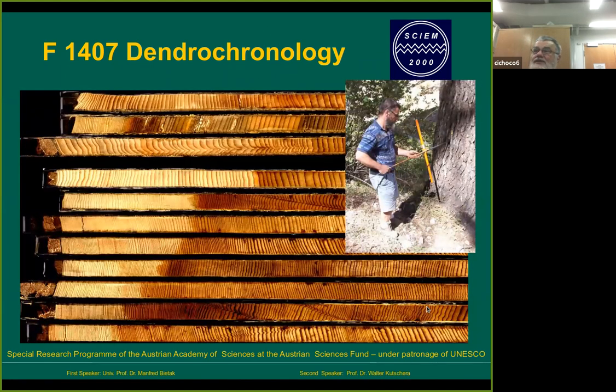So here I try to take a core from one of these cedars, and here you have examples of already prepared square surfaces of such cores. And you can see the rings, and you can see the patterns, and you can see one phenomenon I have mentioned last time with the charcoals from Katna, which is the change of width.